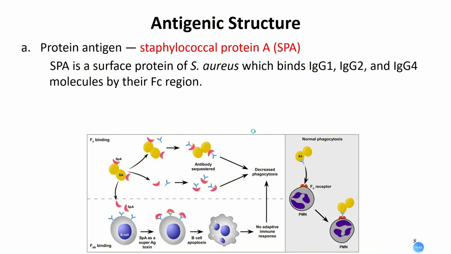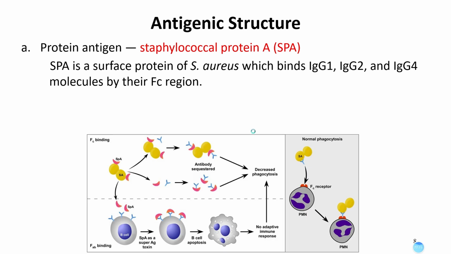And we know the IgG antibody can mediate phagocytosis. The antibody binds to the bacteria and the Fc region binds to the Fc receptor, then it can initiate phagocytosis. But here, this antibody is inactivated. It cannot mediate phagocytosis anymore.